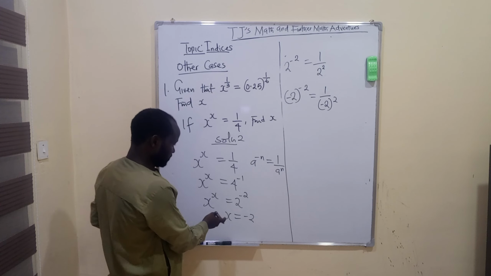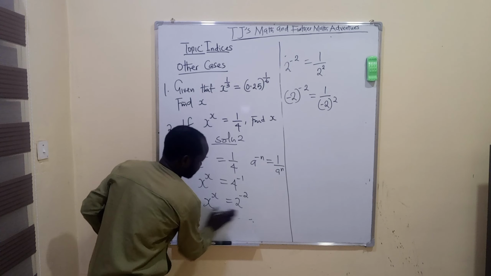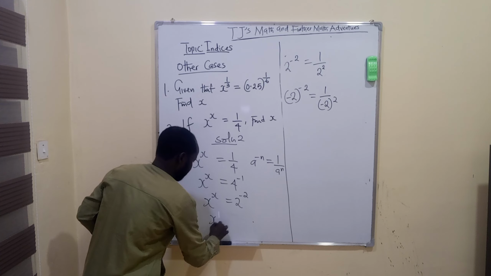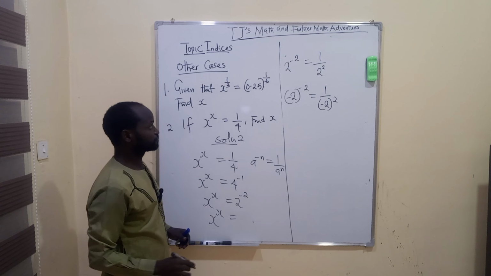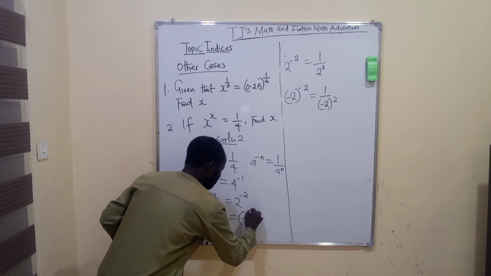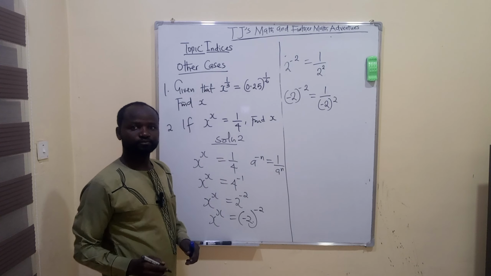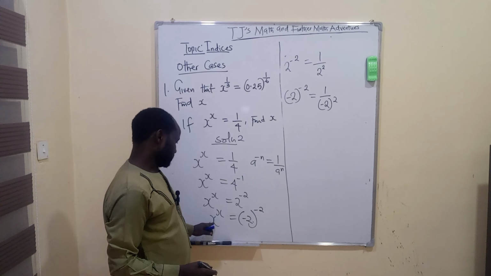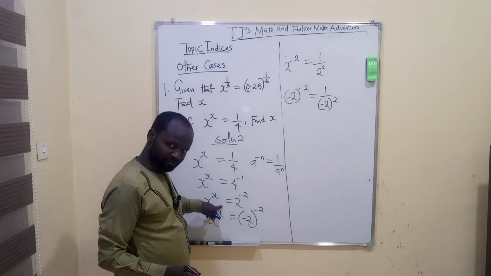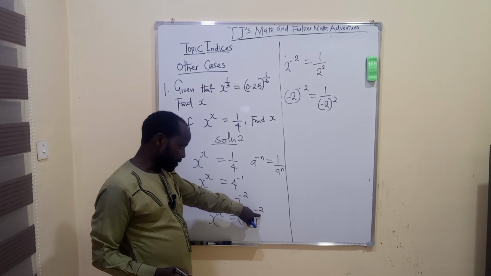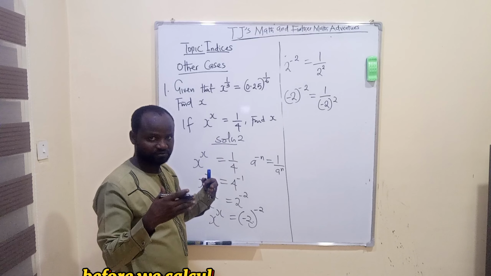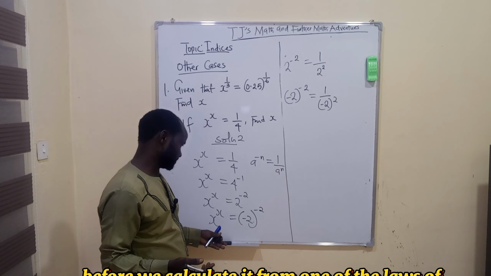So I will have x power x equal to minus 2 power minus 2. The base and the power on both sides must be the same before we can equate them, from one of the laws of indices.